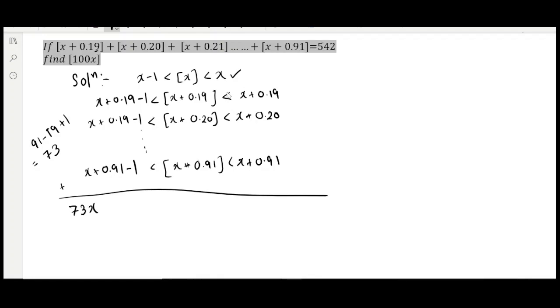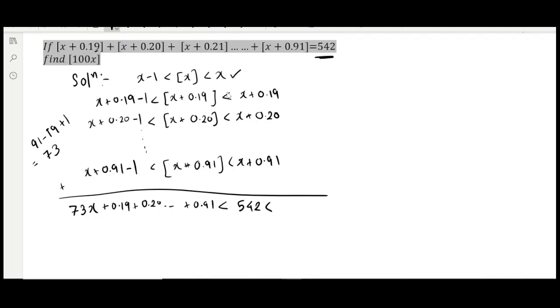So this x will get added 73 times, and we will get 73x. Similarly this 0.19 will get added in this form. Sorry, it's 0.20 up to 0.91. Then this term will get added, and we know the addition of this term is 542.